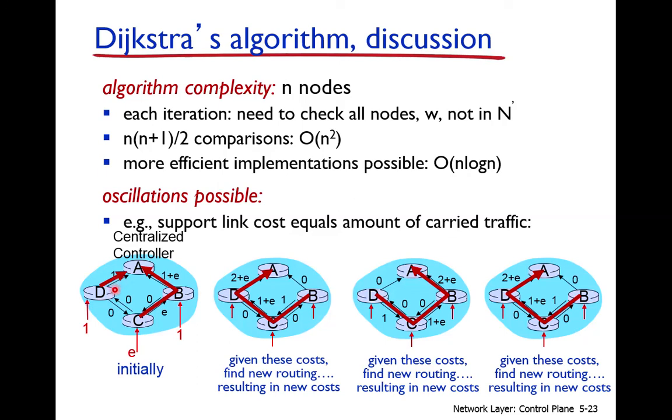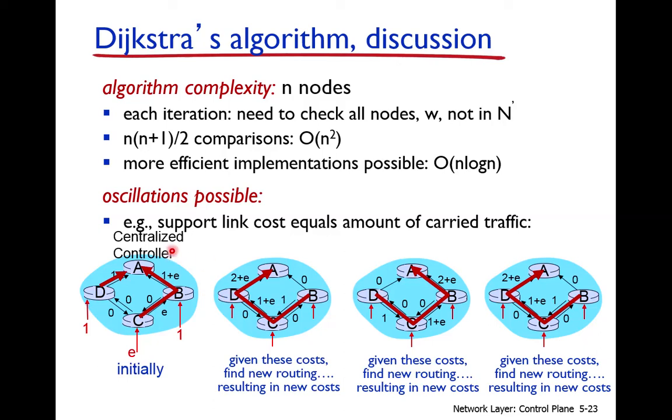Okay, for D this path is selected. So if the C traffic is moved on this path, it will not create any difference, because here the traffic is also 1 plus N, and here the traffic will also become 1 plus E. Okay, so it will not send the second packet on this path. Why? Because this path is optimum. Okay, similarly, this centralized controller removes this oscillation problem.